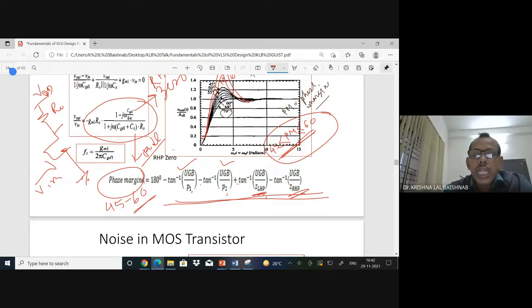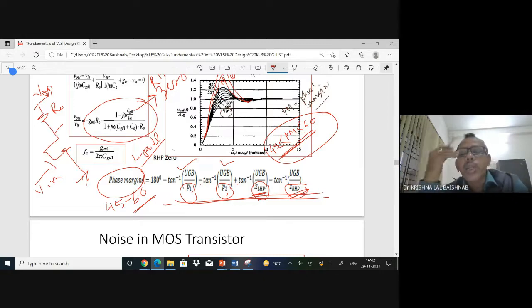It is the expression shown for a circuit where there are two poles and two zeros, one LHP zero and another LHP zero. So now you see that I have to balance it. The RHP zero is complicated because it is again giving negative. So that is the setback of my RHP zero.